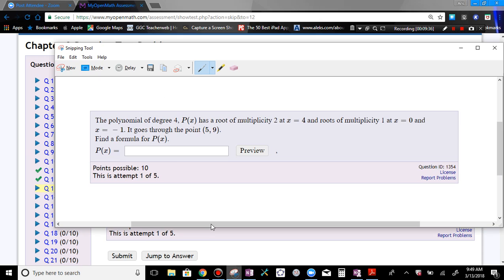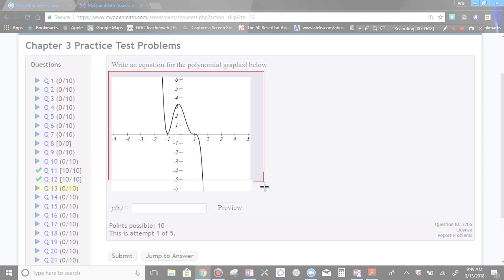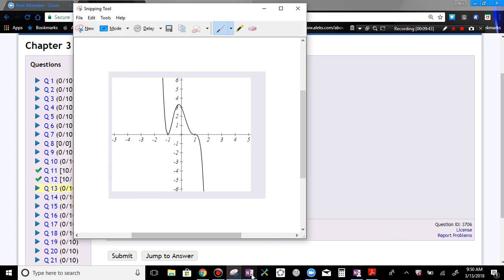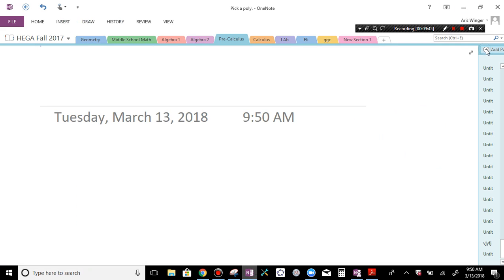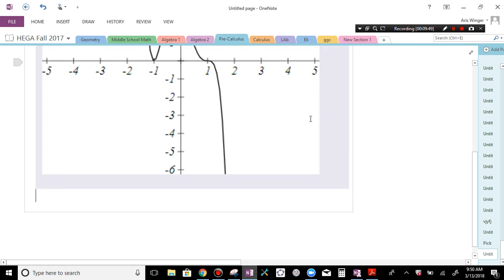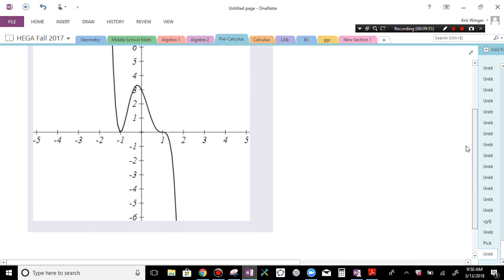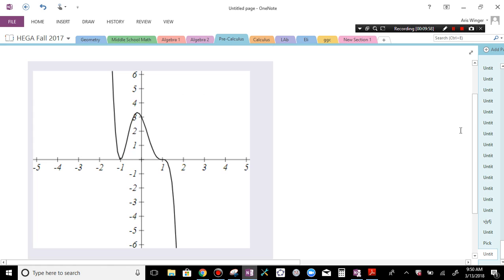So here is where it gets kind of funky. Okay. So it looks like we have... what's going on here.